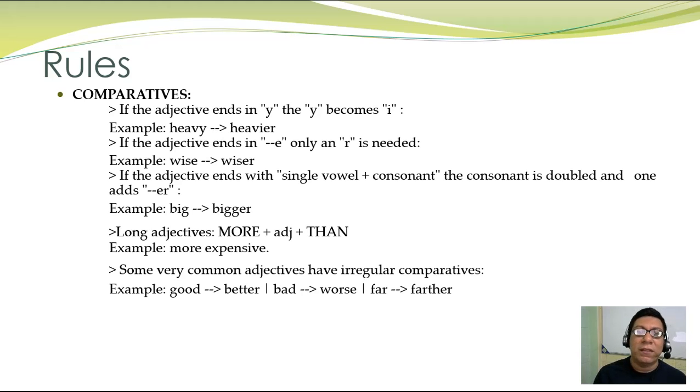The normal thing in adjectives is to add er, right? That it's the most basic rule. For example, small, smaller, tall, taller, and that's it. That's the way comparatives are. Then you can pick two things and start comparing. For example, you can say, my phone is more expensive than your phone.